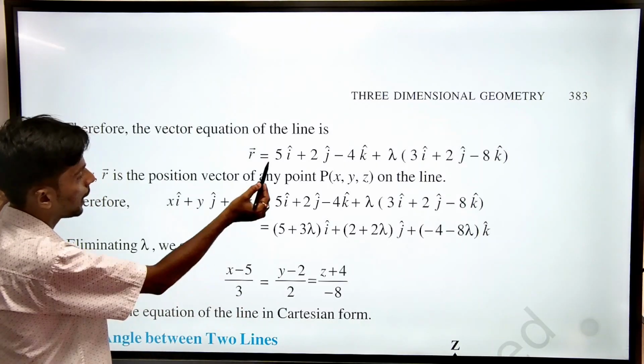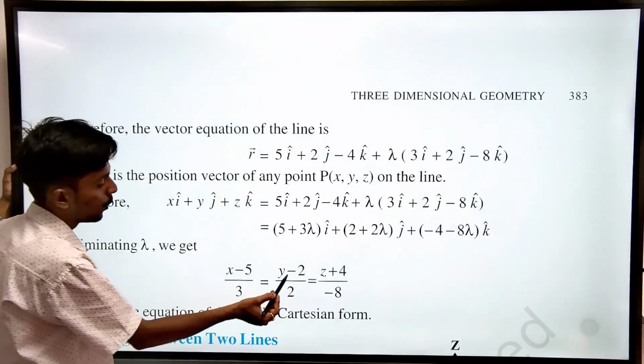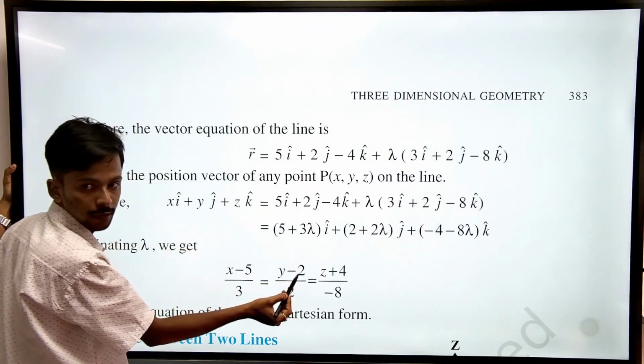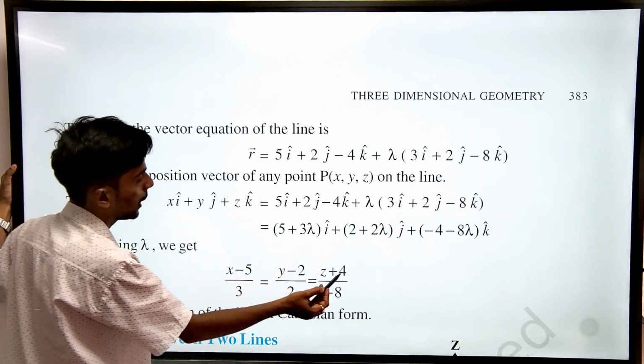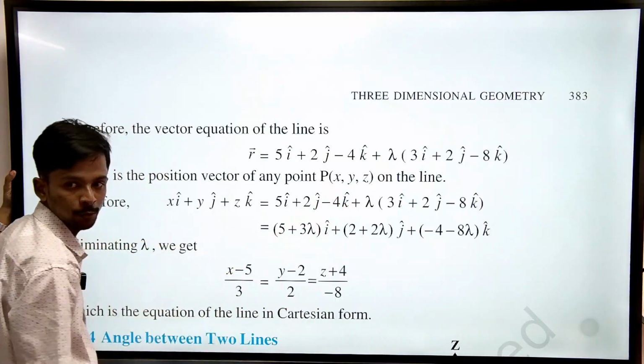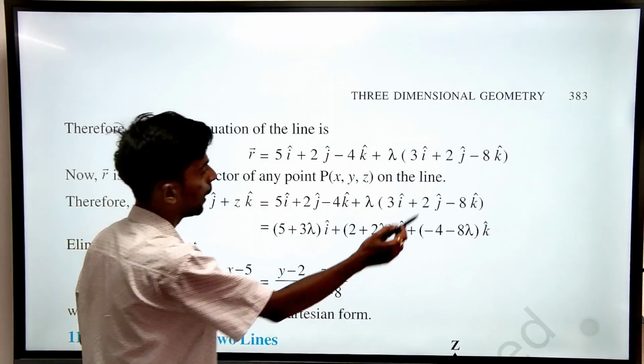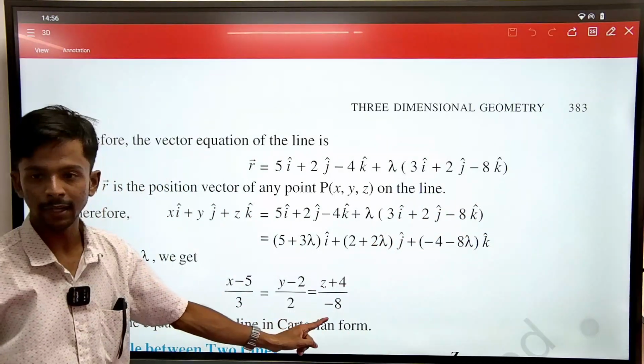So x minus a means x minus 5, y minus b, so y minus y1, whatever I say, and z here was minus, so that will be plus 4 because z minus minus 4 will be your plus 4, and your denominator will be by this vector 3 comma 2 comma minus 8.